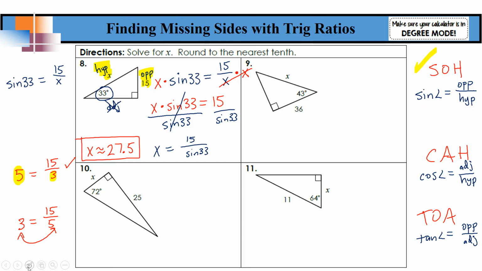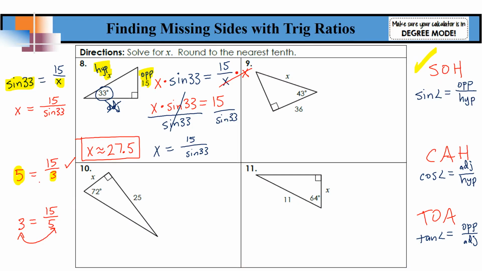If that's true, then I can do the same thing up here to get x by itself. If 15 divided by x equals sine of 33, then 15 divided by sine of 33 should equal x. So I can switch the location of these two pieces and say x equals 15 over sine of 33.